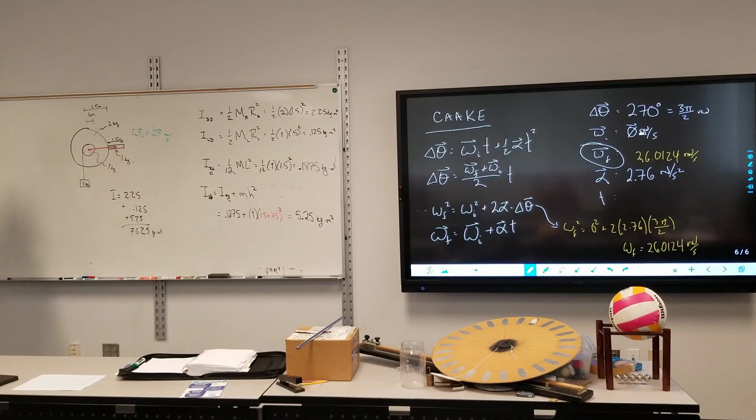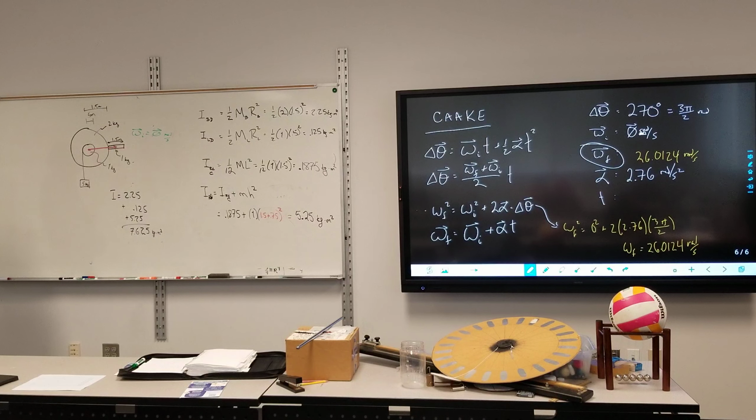All right, so the relationship between linear speed and angular speed. Natalie?